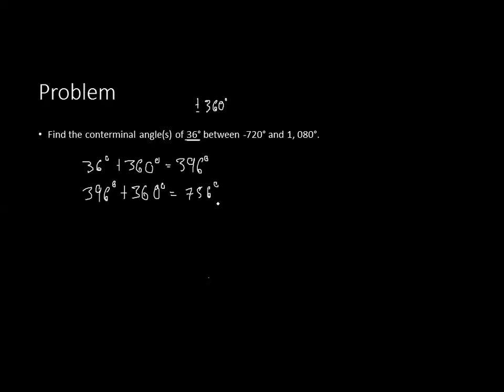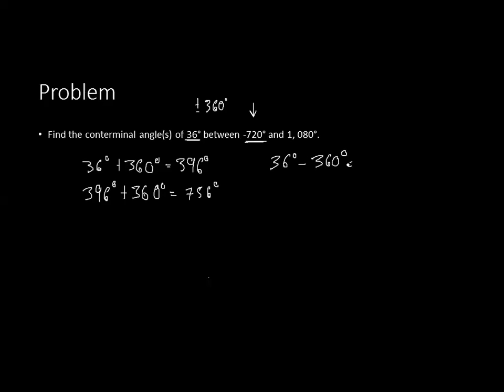But we're not done yet because we must find angles that are what? Negative, because we have negative 720 degrees. So assumingly, maybe there are angles that are negative, but also part of this range. So let's try subtracting 360 degrees from 36 degrees.